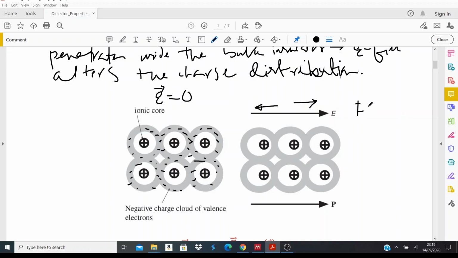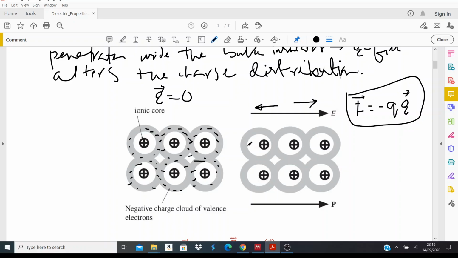Because we know that the force on the negative electron and the electric field should be in opposite directions because of this minus sign, because the charges are negative for electrons. And I have mentioned before that the nucleus is really heavy. So what really happens is they really don't move; rather the electrons move in the opposite direction because they are very light and easily pushed by the electric field.